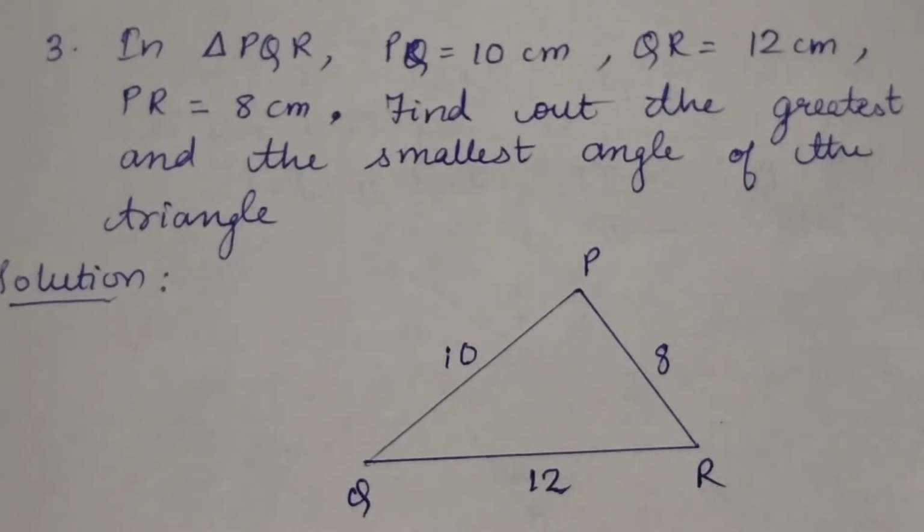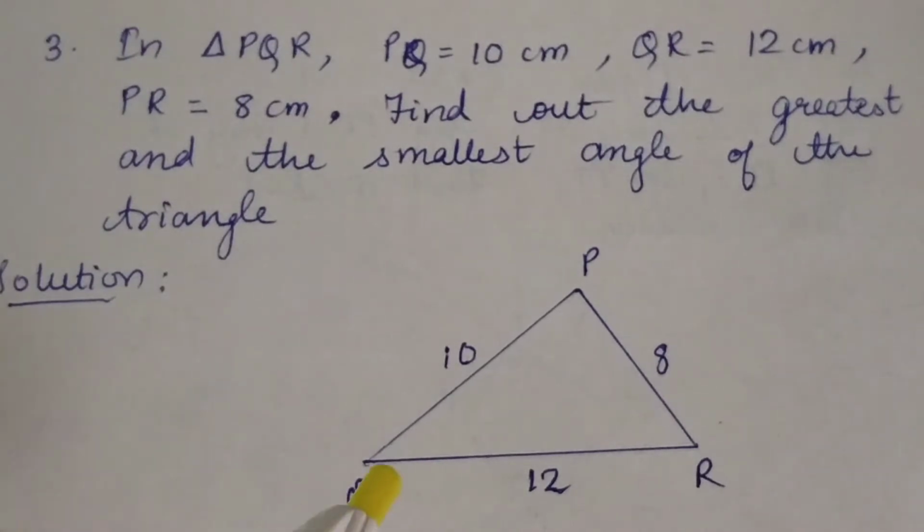Whenever in a triangle you see the greatest side, like in this case the greatest side is QR, with 12 centimeter, then the angle which is opposite to this will be greatest. Greatest side will give you the greatest angle, and the smallest side will give you the smallest angle.